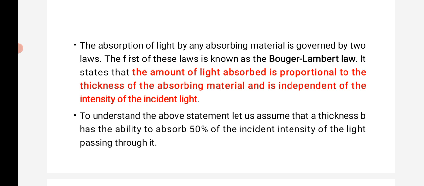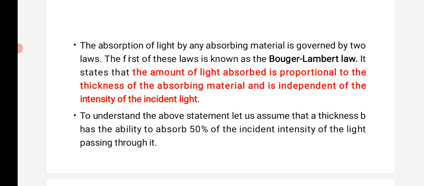It states that the amount of light absorbed, kindly listen very carefully, is directly proportional to the thickness of the absorbing material and is independent of the intensity of the incident light. Clear? Yes.